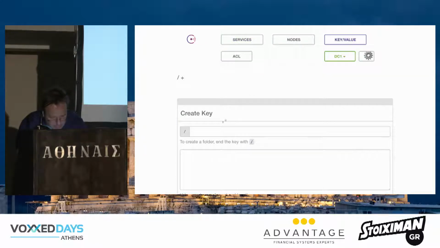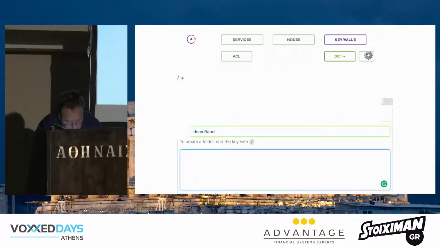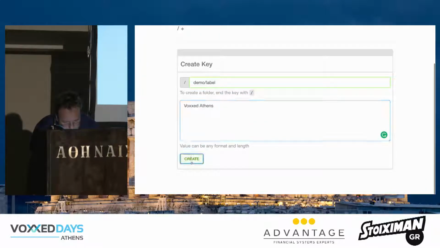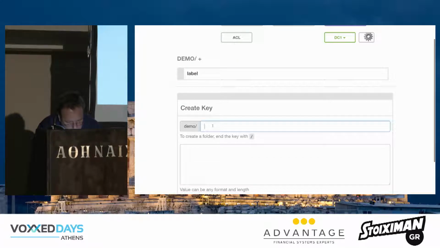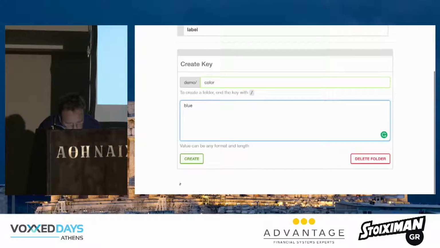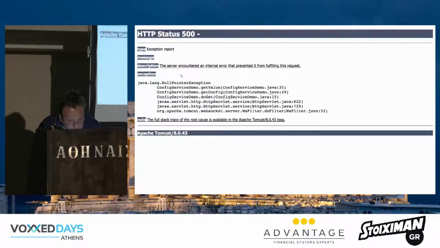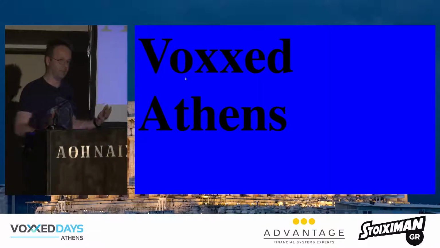I can create here some sort of labels. So I say here, Voxxed Athens, create this, create another one, which is color. Let's call it blue. Create. And then we go back to Tomcat, make a reload. And what you see is now it's blue and in green.